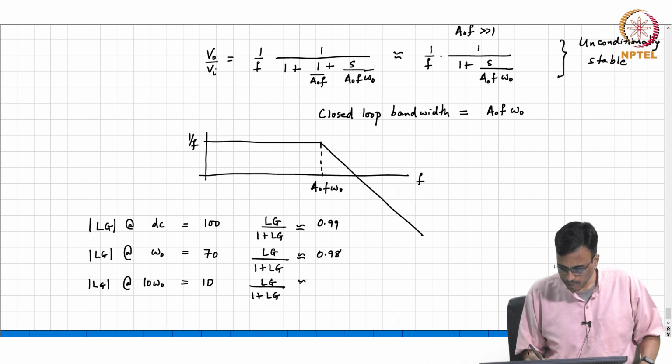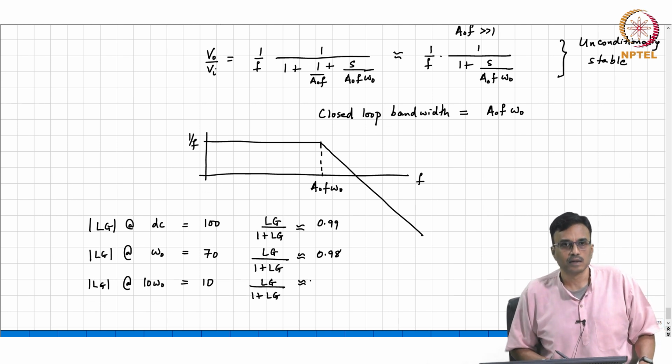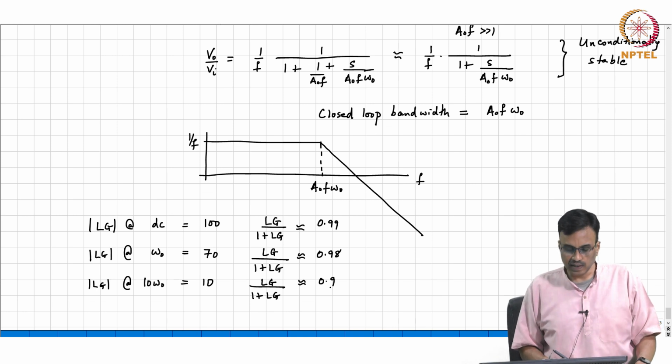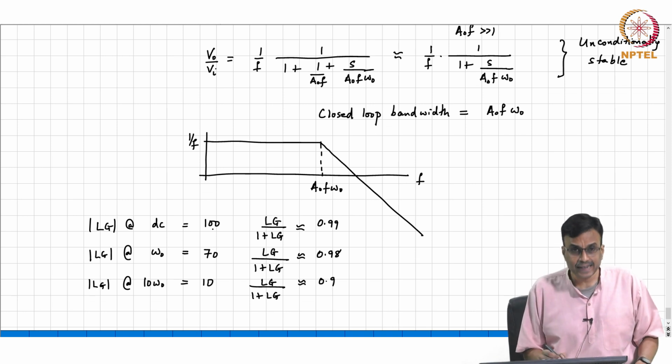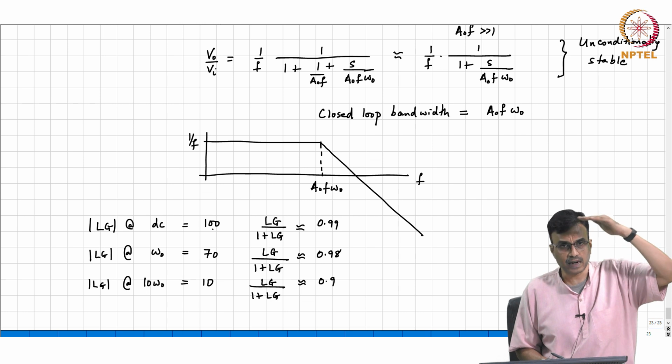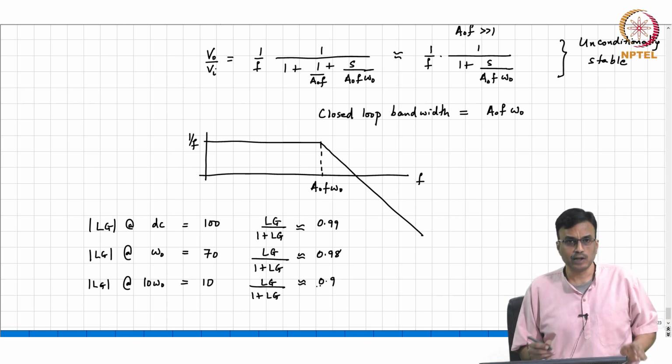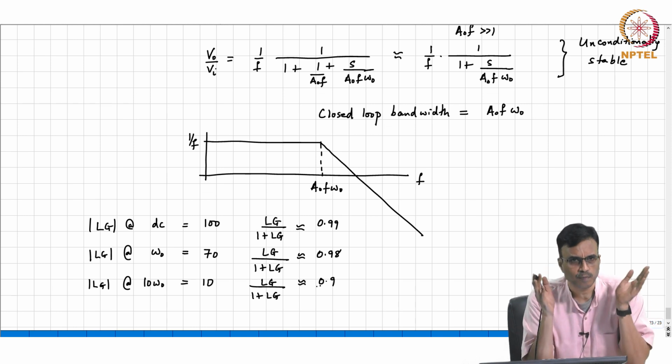Loop gain by loop gain plus 1 is approximately 10 by 11, which is about 0.9, correct. So you can see that even though the magnitude of the loop gain has fallen from 100 to 10, this number loop gain by loop gain plus 1 has only fallen by 10%, right.